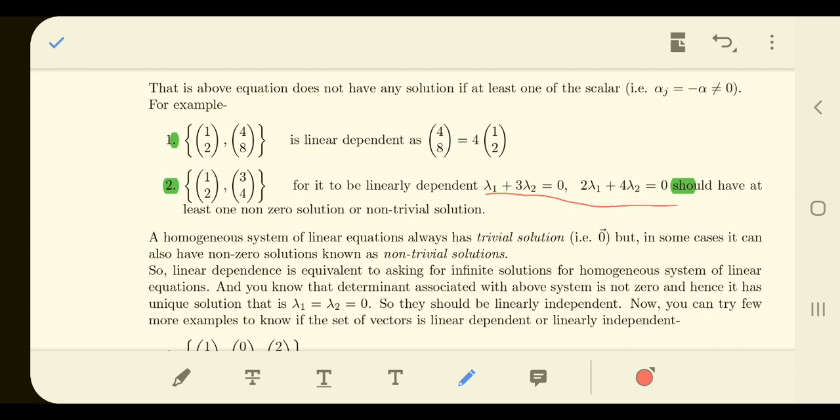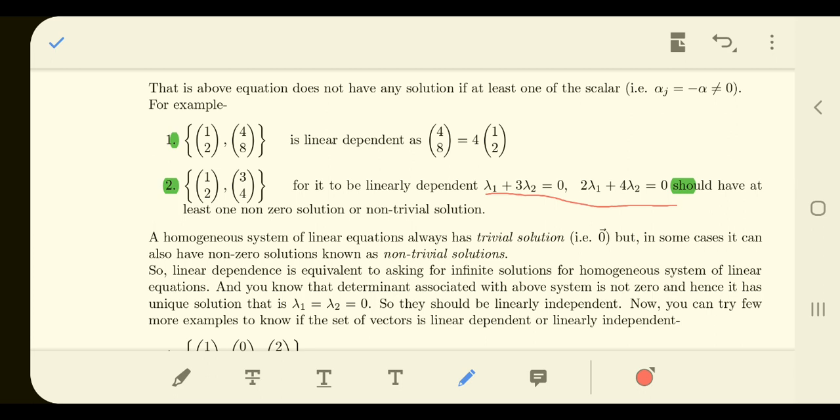If this is the only solution, then they are linearly independent, because you are not able to write a vector in terms of another vector in that case. Because if you take lambda 1 to be 0 and lambda 2 also 0, then the result will always be 0, whatever you may try. But if they are not 0, then only linear dependence comes into the picture.